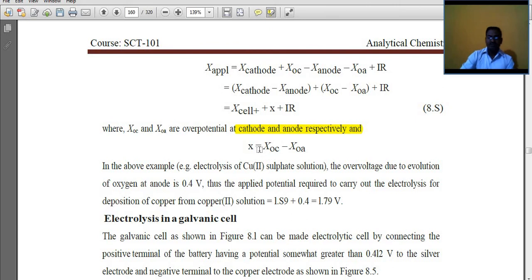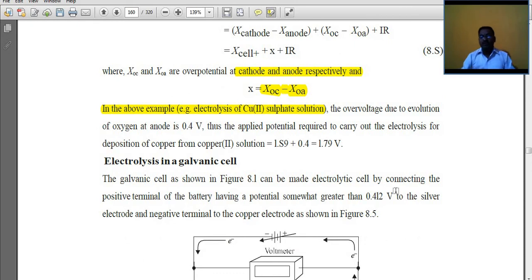The overvoltage due to evolution of oxygen at the anode is 0.4 volt. Thus, this gives the applied potential required to carry out the electrolysis for deposition of copper from copper solution.